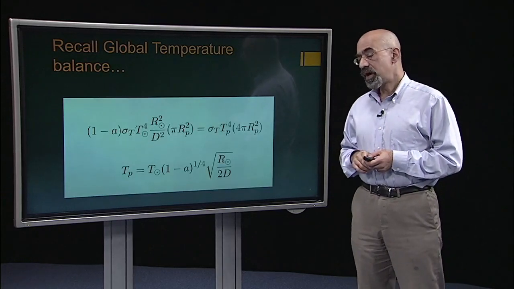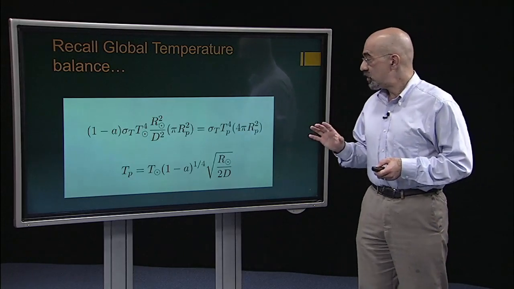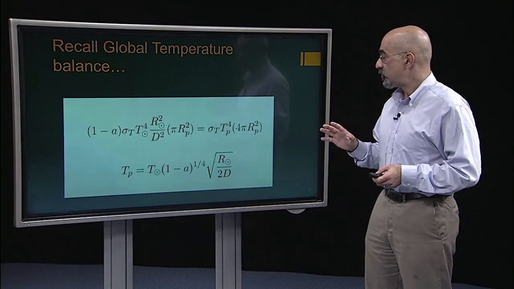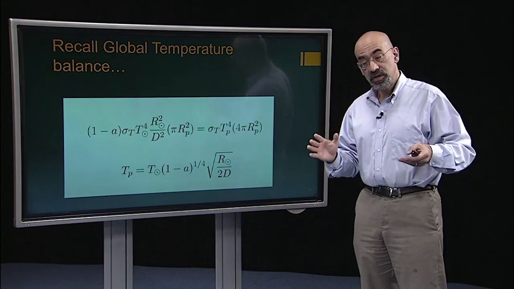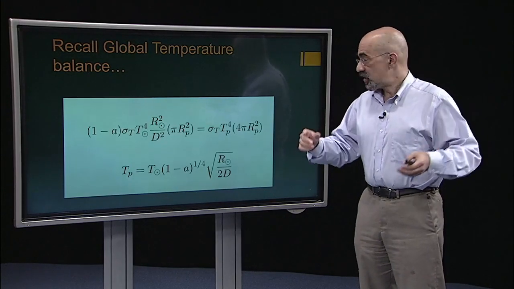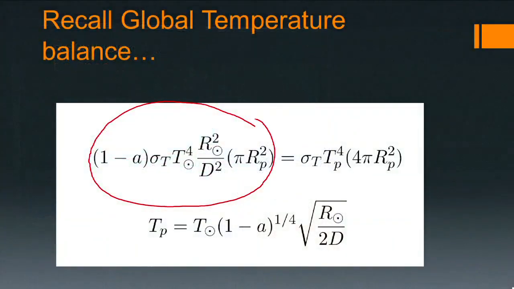We remember we talked about properties of planets and planetary temperature, and what we did in our estimates of planetary temperature was we balanced the energy that hit the planet's surface with the energy that radiated. This was the flux that hit the planet's surface. This term included the effect that some of it bounced off.